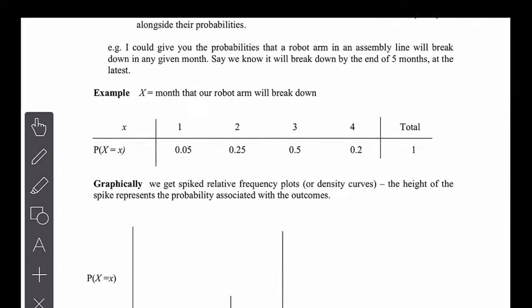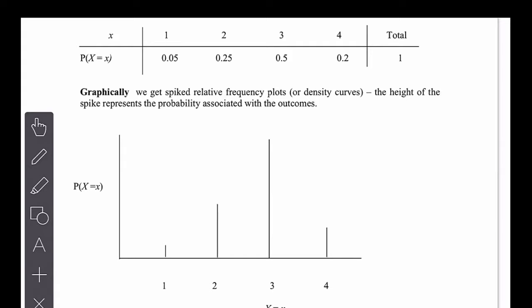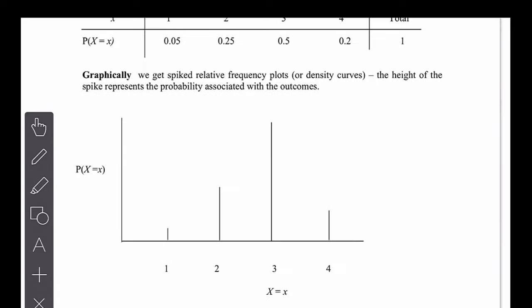I can represent this graphically with this graph. The heights of these represent these probabilities here.